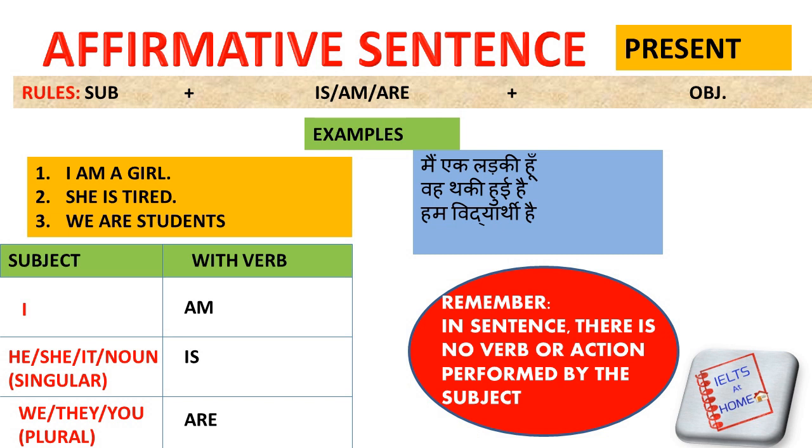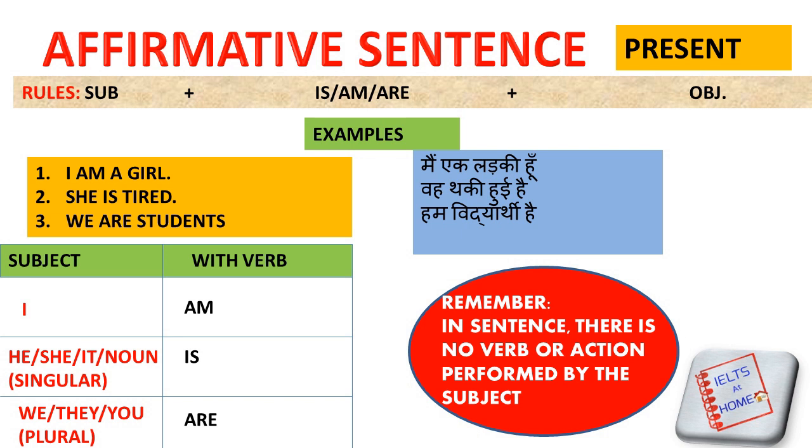And you can see that I also put same examples in Hindi language so that you can understand better. Like, I am a girl. She is tired. We are students. In the first example, I is the subject, am is the helping verb, is am are.